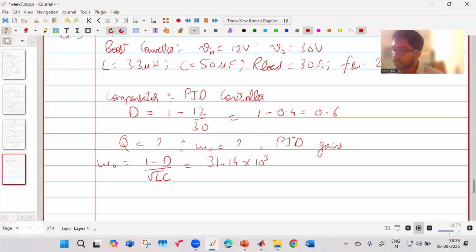Now what is your Q? Q is R into 1 minus d by ZC for boost, and that is R into 1 minus d times the square root of C by L. So what is this value?